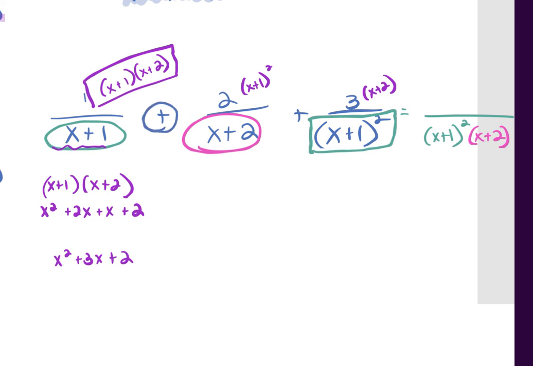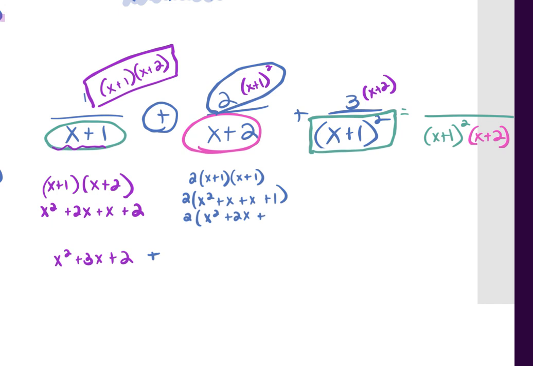Then I'd take the plus from the middle. And I'd have to multiply this out. So 2 times x plus 1 times x plus 1, because we can't distribute the exponent. You could use your special product on this one, which is square the first, square the last, and double the product in the middle. Or you could FOIL it out. So this would be 2 times x squared plus 2x plus 1, and then distribute.